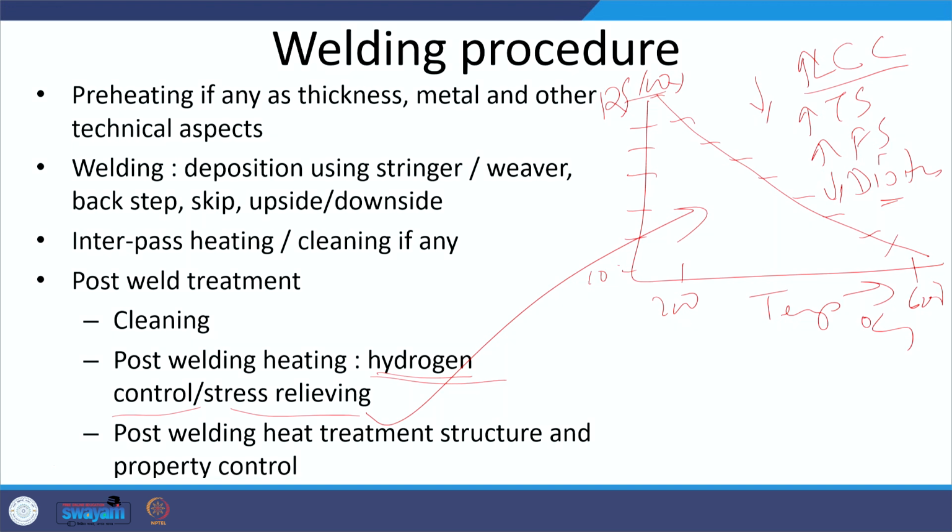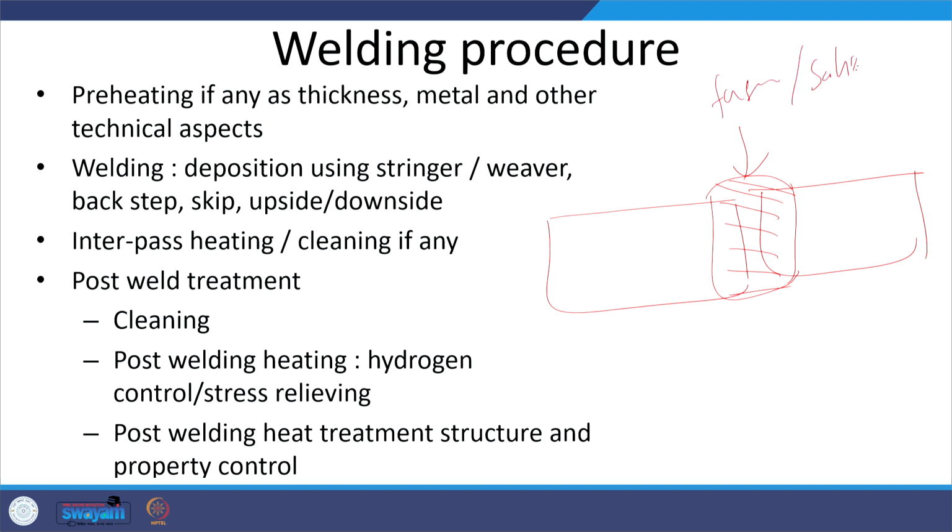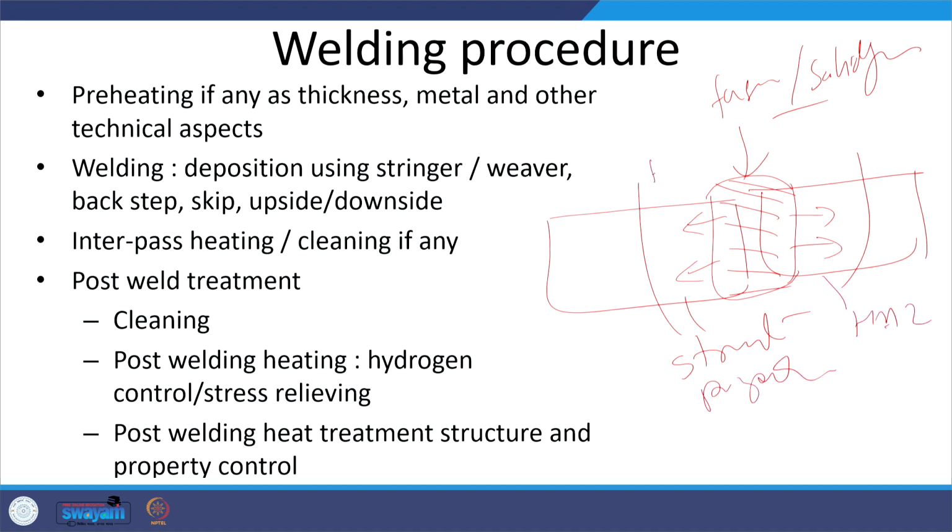As I have said, due to the application of a huge amount of heat, the heat is dissipated in the underlying metal. A part of the metal where fusion has taken place and after solidification you have got the weld joint, that is fine. But there will be a lot of metal which will be heated above the critical temperatures, where there will be change in structure and properties leading to the development of the heat affected zone.